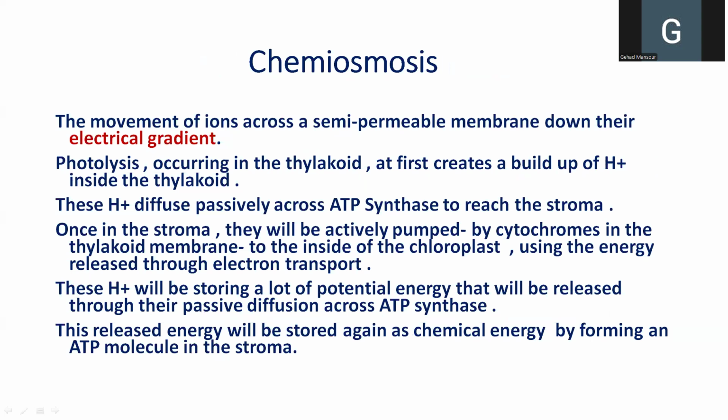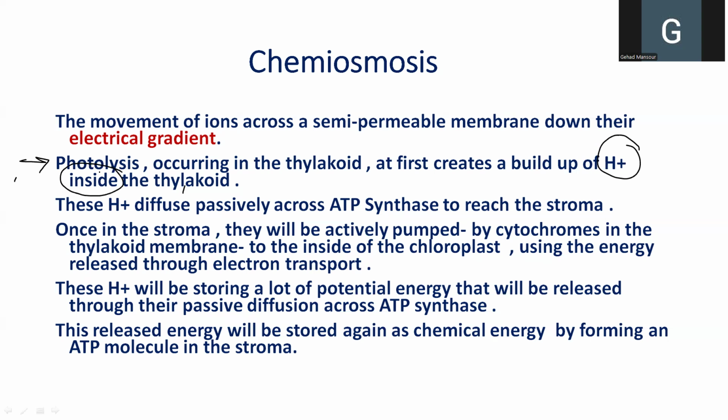And here we tell you the story again from the beginning. In this slide, this is a wrap-up of what I've just said. So photolysis occurring in the thylakoid creates a buildup of hydrogen ions inside the thylakoid.